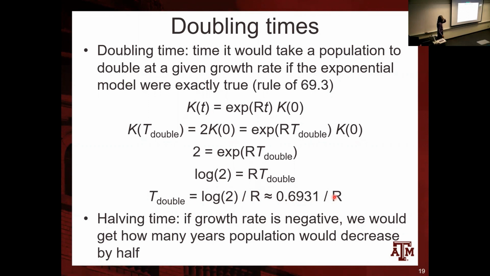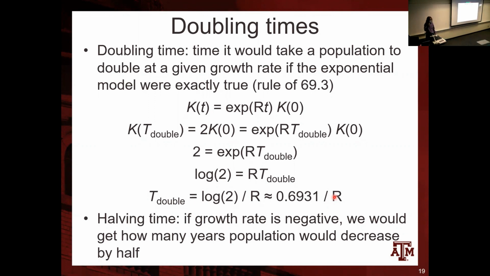Let's just round it up here, log of 2 equals 0.7. If we have a growth rate of 1%, a growth rate of 0.01, how many years, if that population keeps growing at 1% per year, or 0.01 per year, will it take for that population to double in size? 0.7 divided by 0.01.